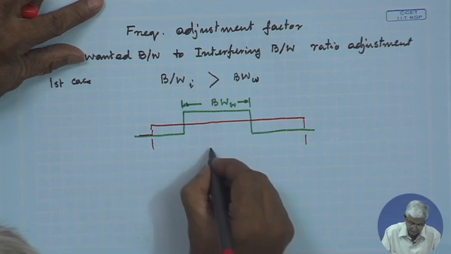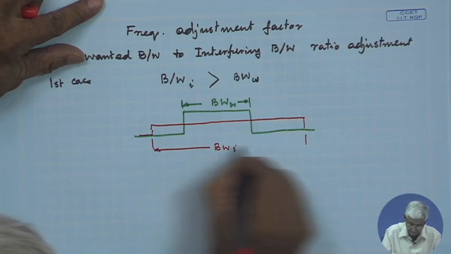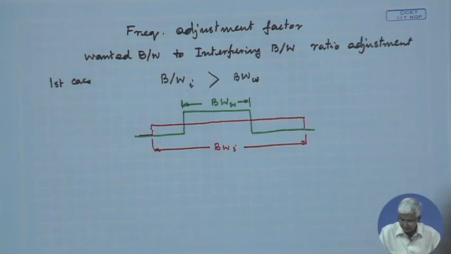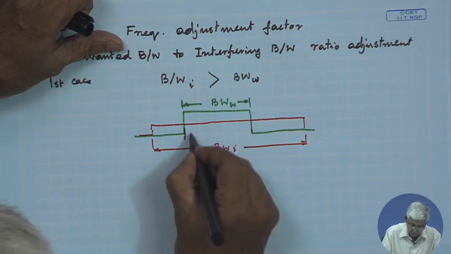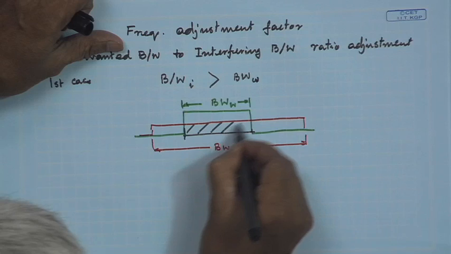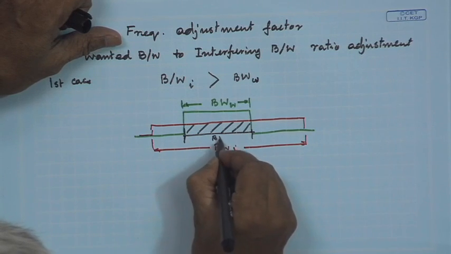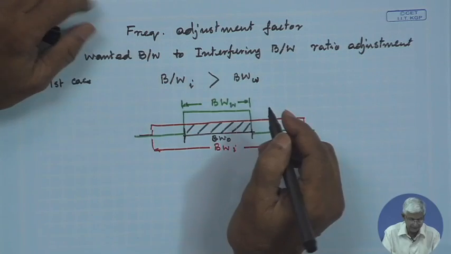So, this is bandwidth interfering. Now, you see in this what is happening, that the whole thing of my wanted bandwidth is getting interfered. So, it is called bandwidth overlap. So, interfered bandwidth is fully overlapping on that.